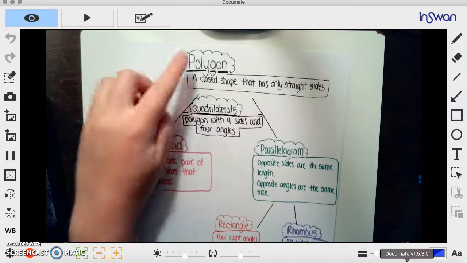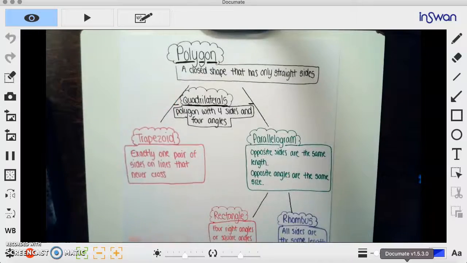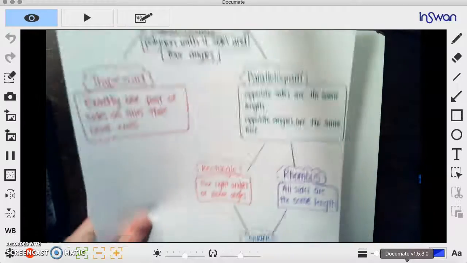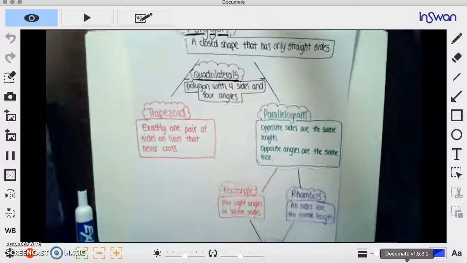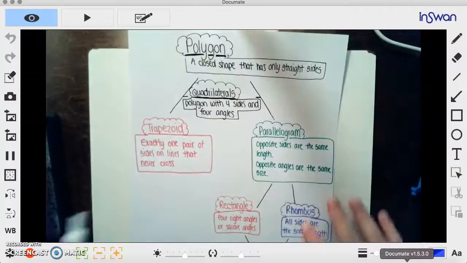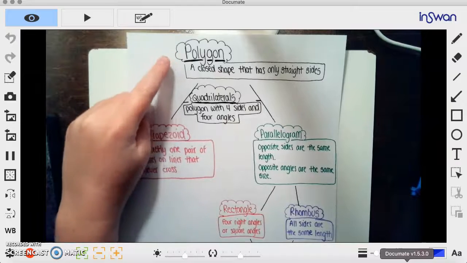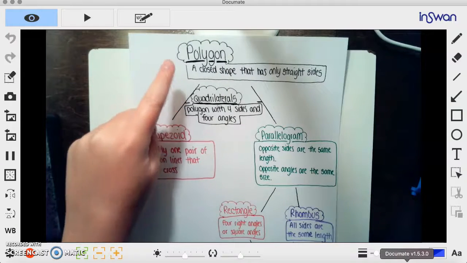So basically how it works is we have our largest classification going down to the smaller ones, and this paper continues down lower. So I don't think there's a way for me to get it all in. I tried my best. Okay, so at the very top we have a polygon, and that is a closed shape that has only straight sides.